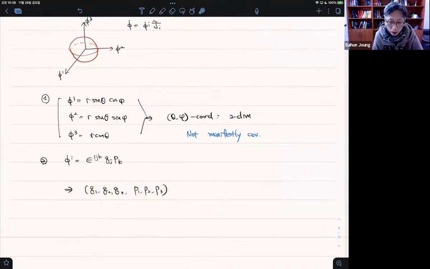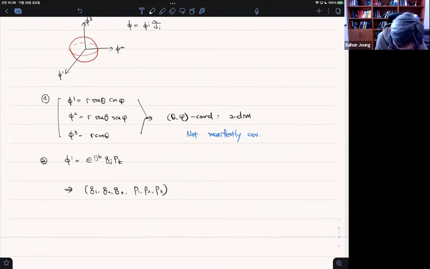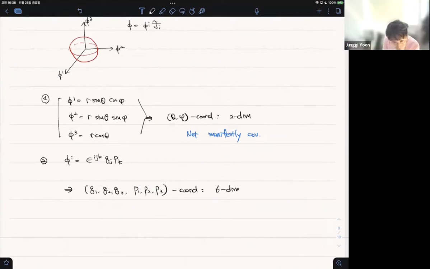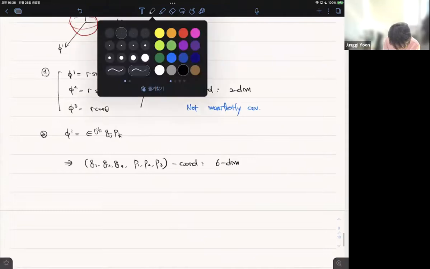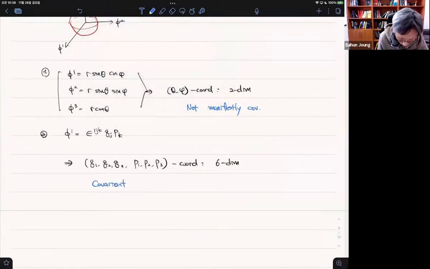We can easily act any rotation on it and it transforms covariantly, linearly, if you like. So this coordinate is very good. It's manifestly covariant, but it's 6-dimensional. It's completely redundant. This is covariant, but redundant.